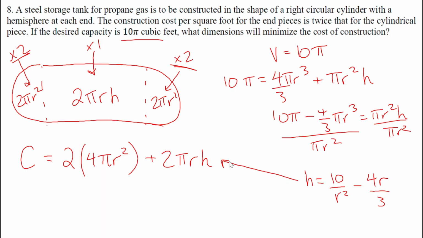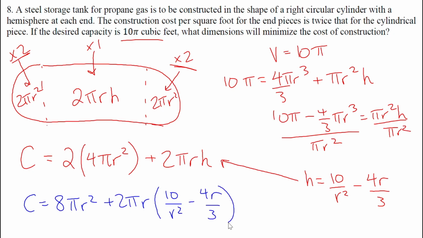So we'll take that and plug it in here, and we'll end up with our new cost equation, which is 8 pi r squared, where we do the 2 times the 4, plus 2 pi r times 10 over r squared minus 4r over 3. And of course, we're going to distribute this through.